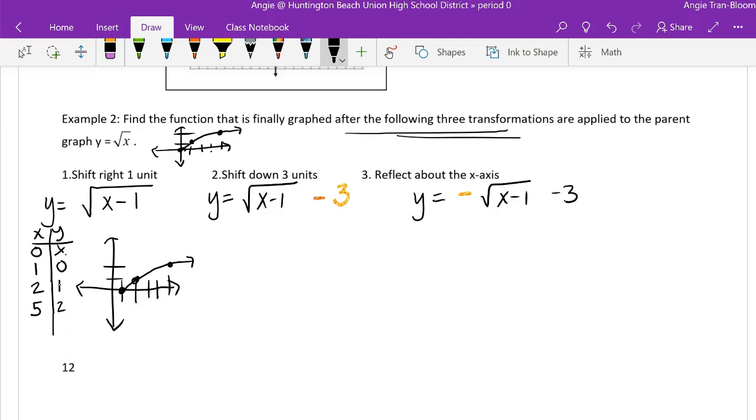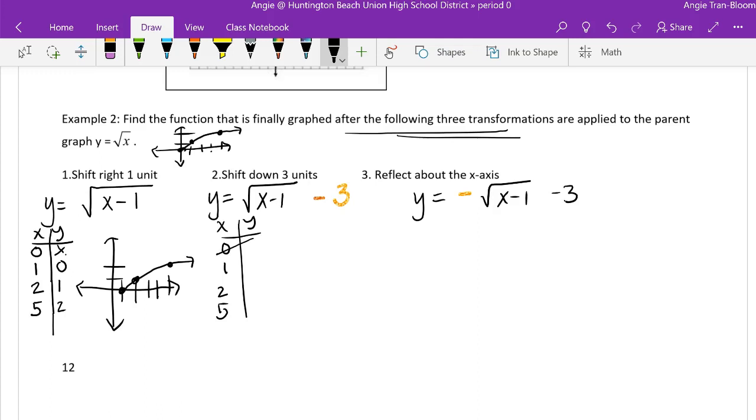Now I'm also going to need to shift it down 3, okay? So I'm going to make another table. I already have all my x values, 1, 2, and 5, okay? Now, I have the y values already at 0, 1, and 2.